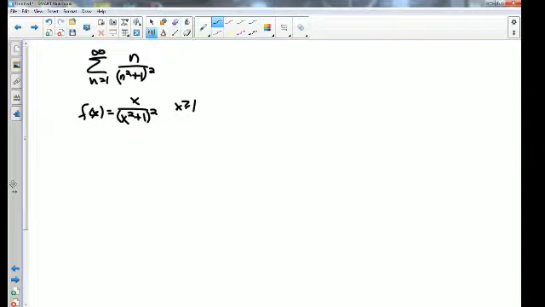This is not a geometric series. It's not a P-series because of the +1, so we can't call it a P-series. But the denominator is always bigger than the numerator, right? So we know this is decreasing. That clue, denominator is larger, makes me want to look at the integral test.